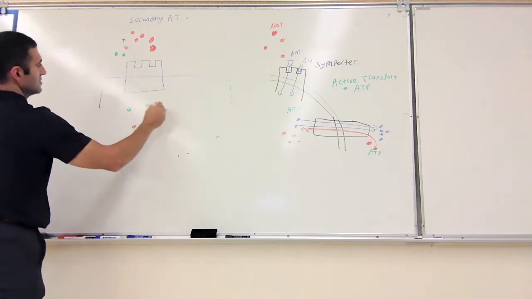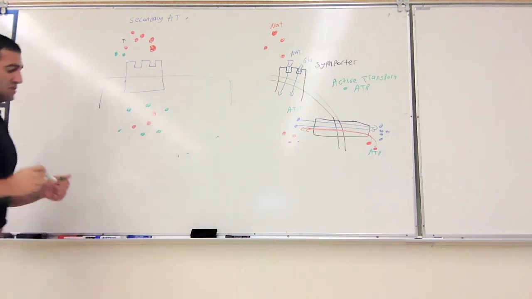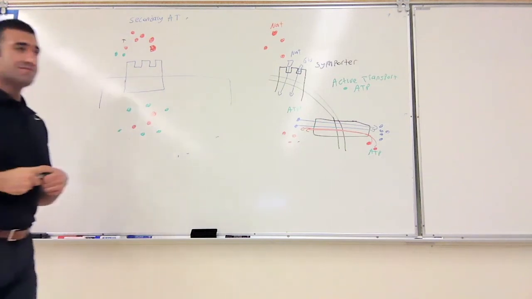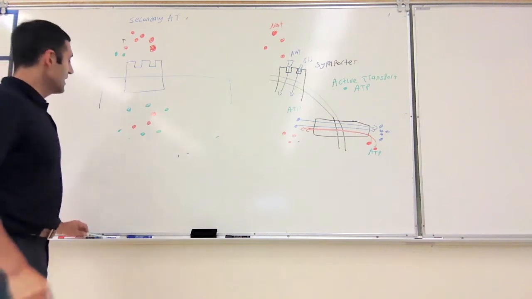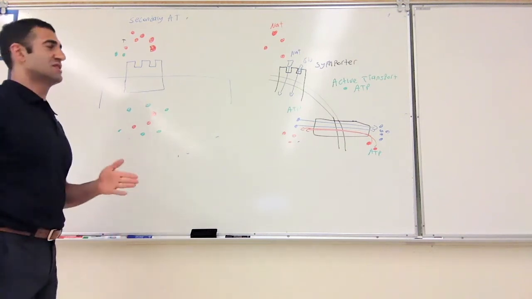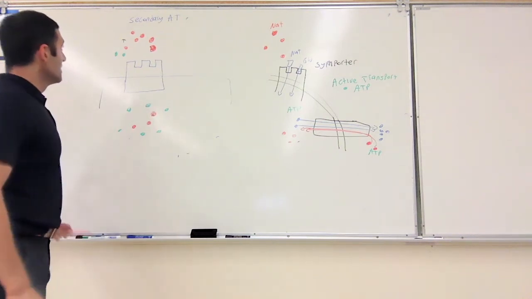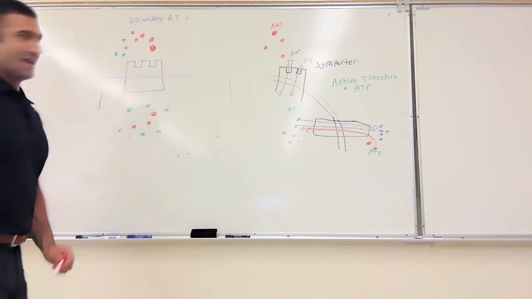See, there's lots of glucose on this side. So what we are going to do is, and this is a completely fictional example. Well, actually, no, this is not a fictional example. This actually happens.